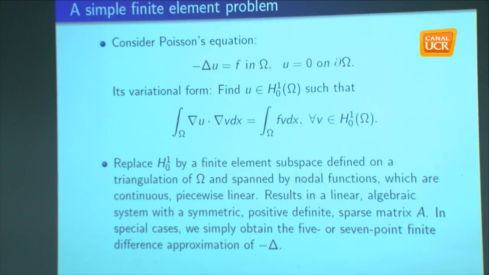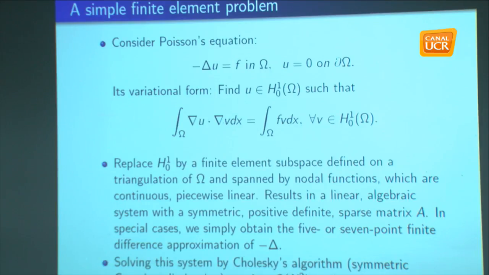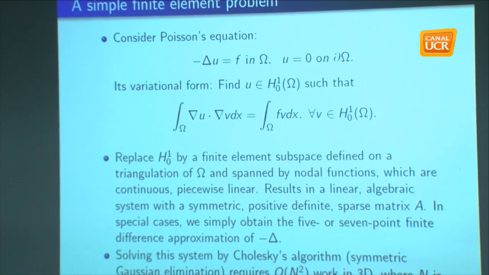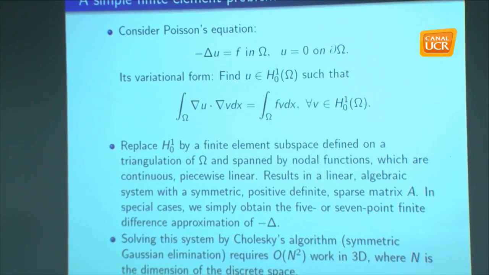In special cases, if you have a very regular triangulation, we end up with a 5 or 7 point finite difference approximation to the Laplacian. Now, to solve this system, we can use Gaussian elimination and Cholesky's algorithm, which exploits the symmetry and positive definiteness of this problem.